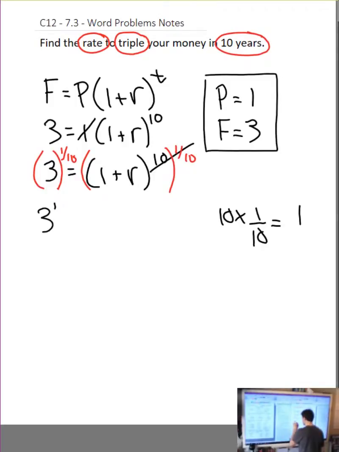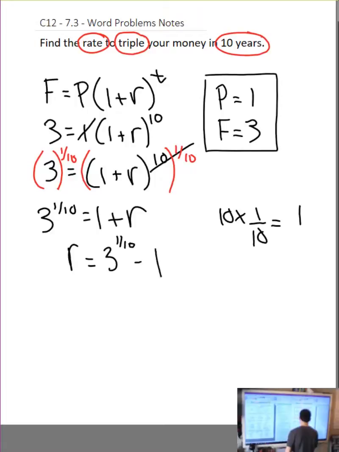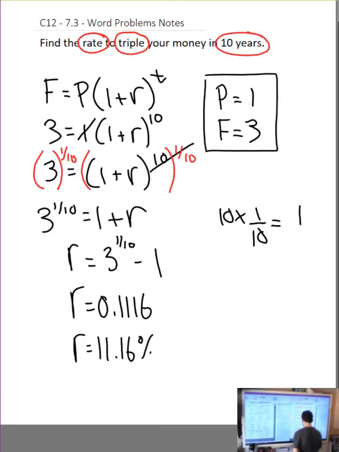So I have 3 to the 1 over 10 is equal to 1 plus r. Now I can simply subtract 1 from both sides and mirror the equation, and I get 3 to the 1/10 minus 1, which works out to be 0.1116, and if I times that by 100, I get 11.16%.